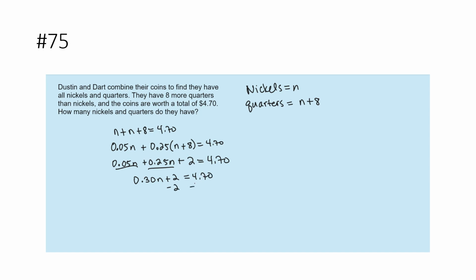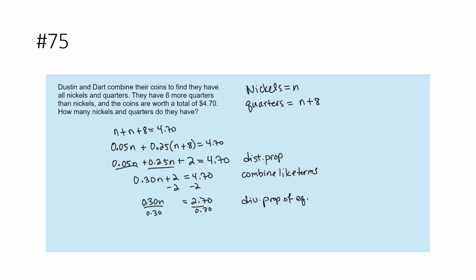I'm going to subtract 2 from both sides. So this was the distributive property. This I combined like terms. This is going to give me 0.30 n equals 270. And now I'm going to divide by my coefficient, division property of equality.